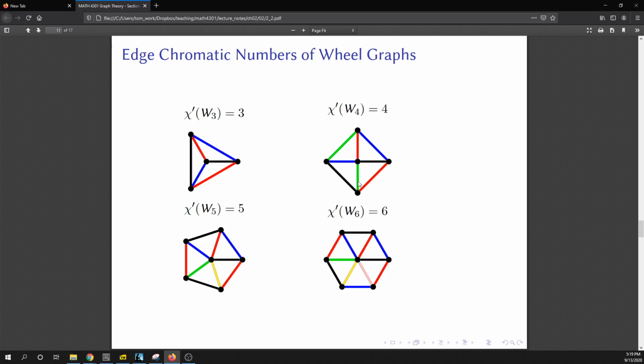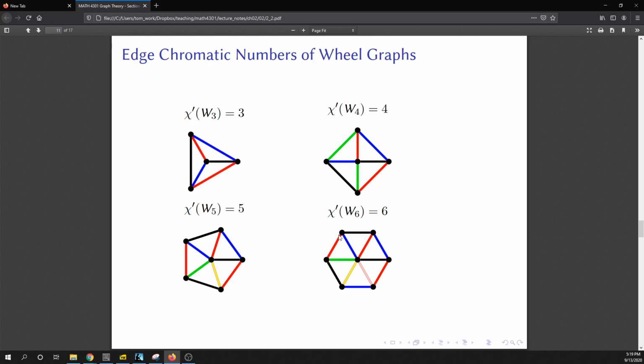And then here we are exhibiting edge colorings with exactly that number of colors, and so that proves that each of these has edge chromatic number equal to the number of spokes in there. All right, and so you can see their colorings here.